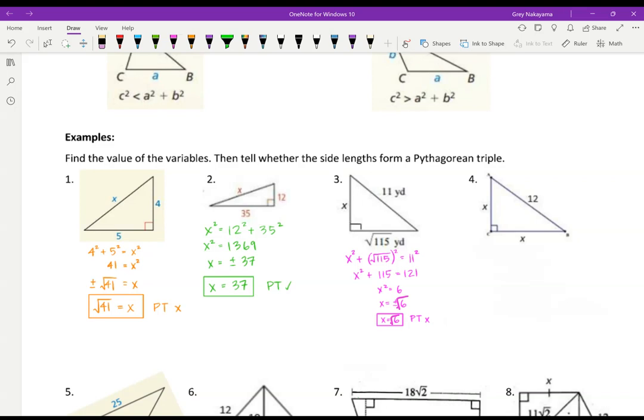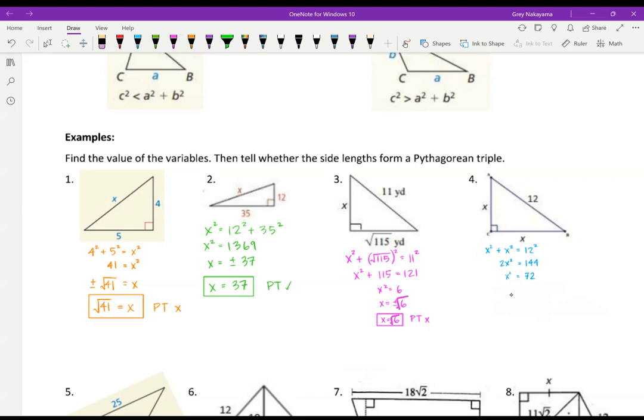Number 4. Oh, we have 2 x's in this one. 12 is the hypotenuse, so it needs to be by itself. So I have x squared plus x squared equals 12 squared. That's 2x squared equals 144. X squared equals 72.